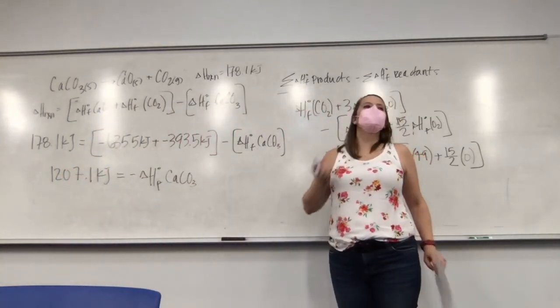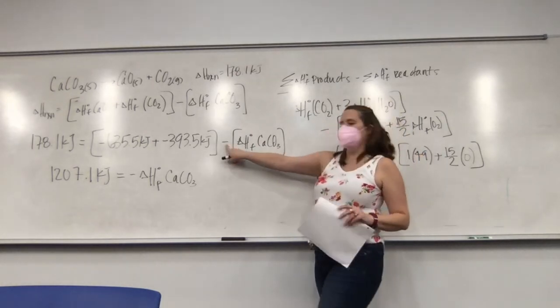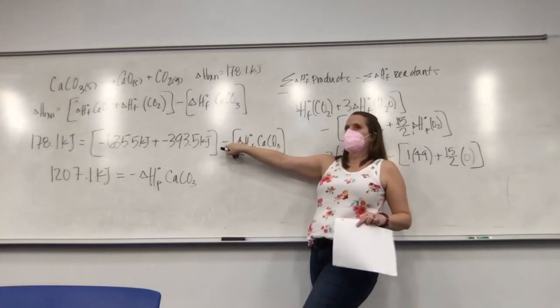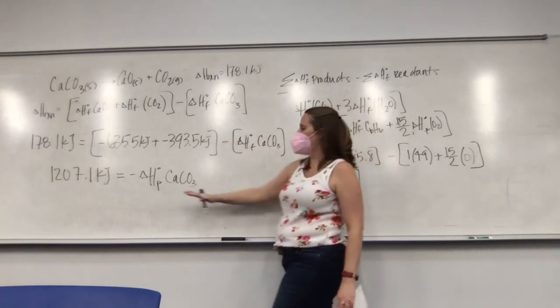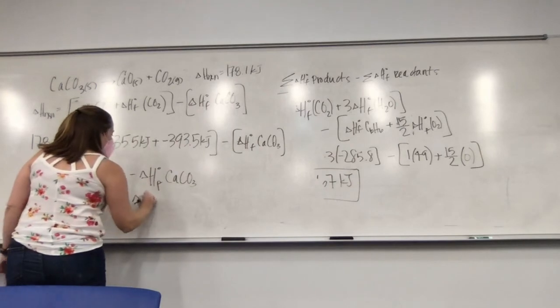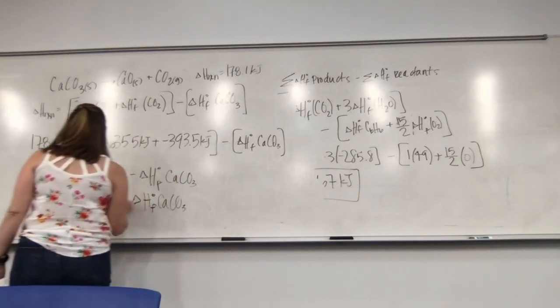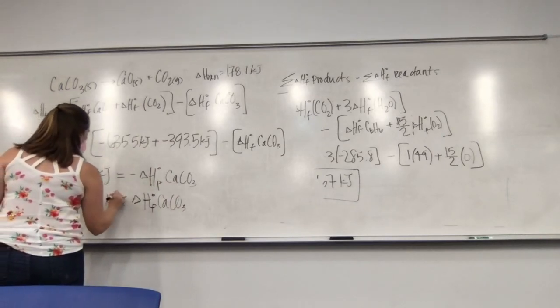So you might be thinking, I wonder where that negative sign came from. It turns out that a subtraction sign and a negative sign are the same mathematically. So in order to solve for the answer, you have to divide by negative 1. So delta H naught F of calcium carbonate equals negative 1207.1 kilojoules.